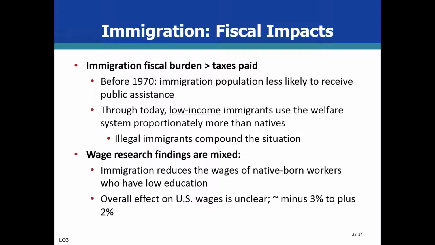The overall effect on U.S. wages is really unclear. Various studies have produced a range of results from -3% to a +2%. So the jury is still out in terms of the overall effect on U.S. wages.